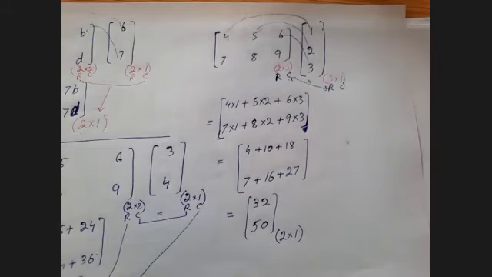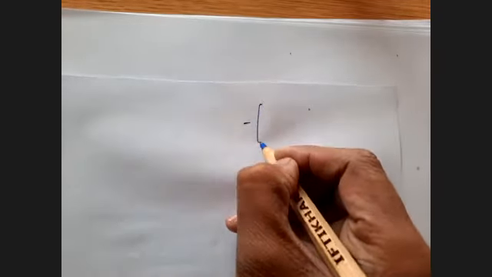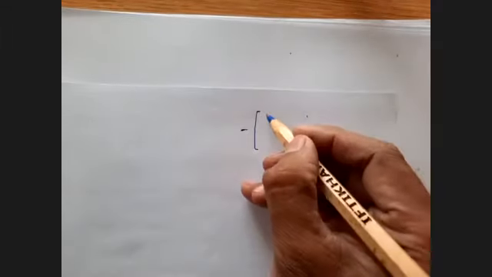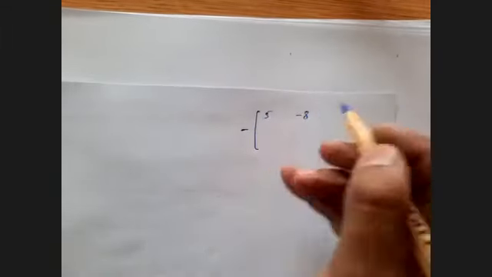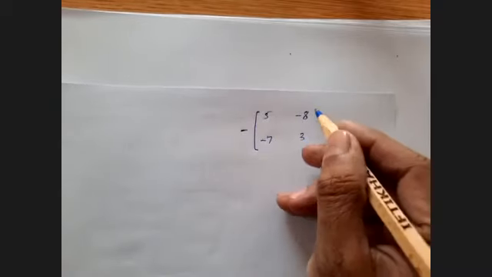Okay. So suppose a negative sign, minus, is written outside like this. And this is 5, minus 8, minus 7 and 3 like this.